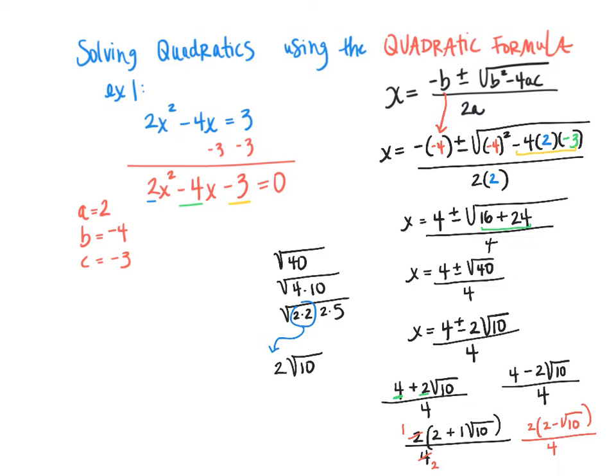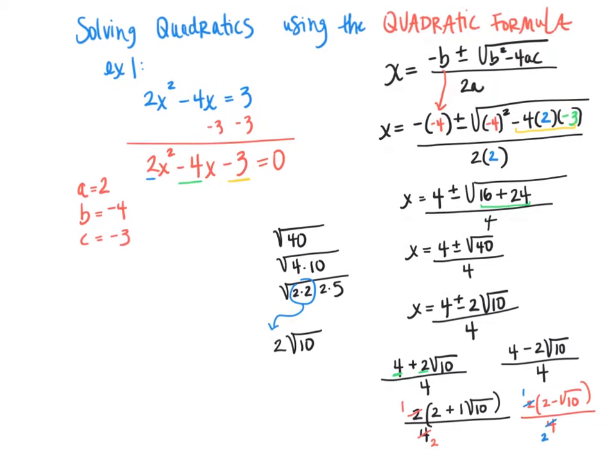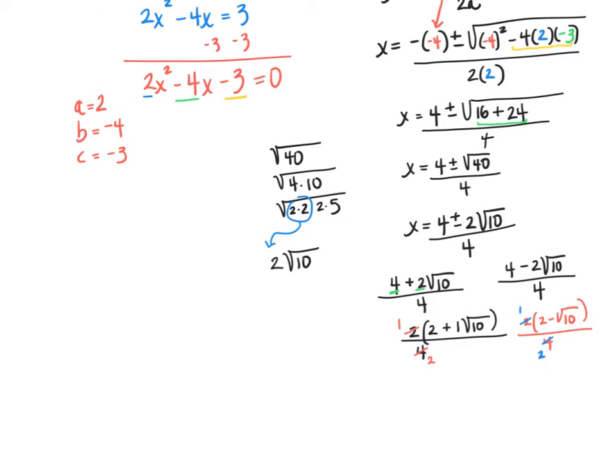And then you will reduce that 2/4 to 1/2. You're going to have 2 plus root 10 all over 2 and 2 minus root 10 all over 2.